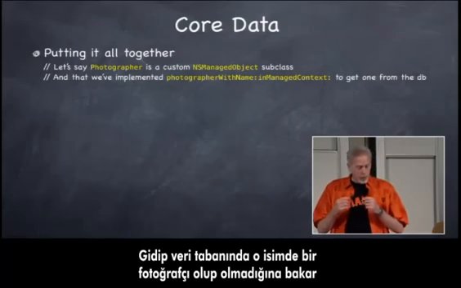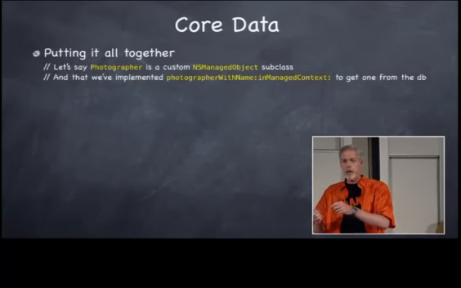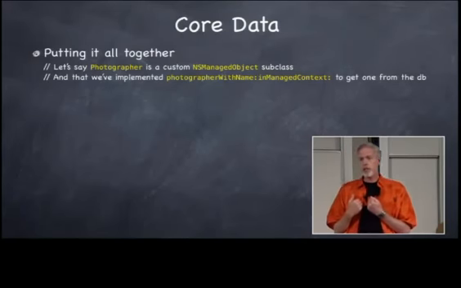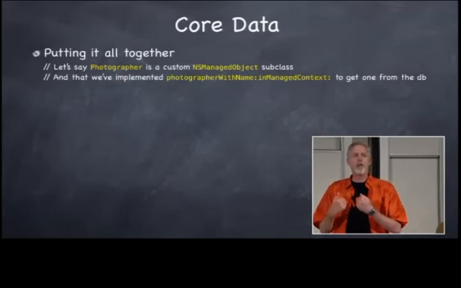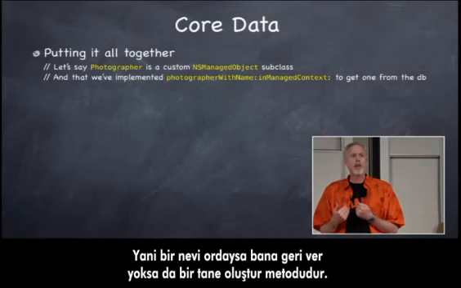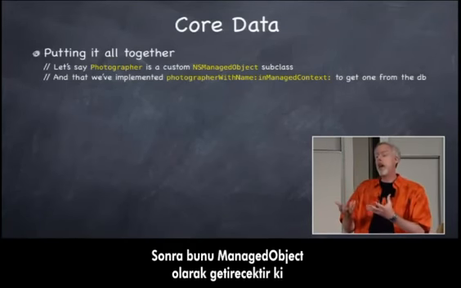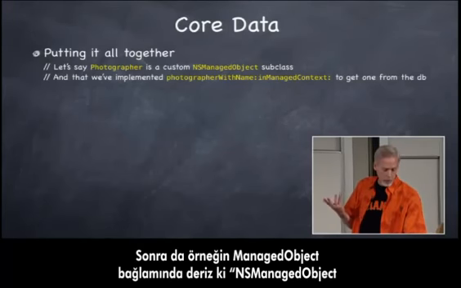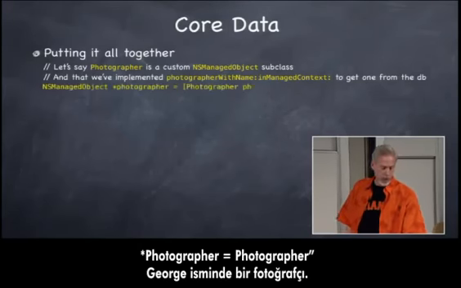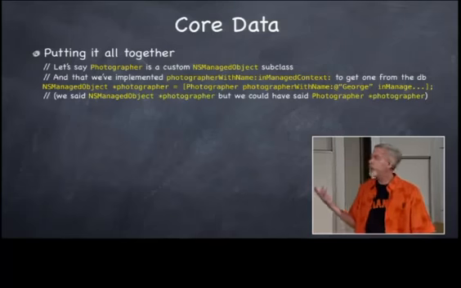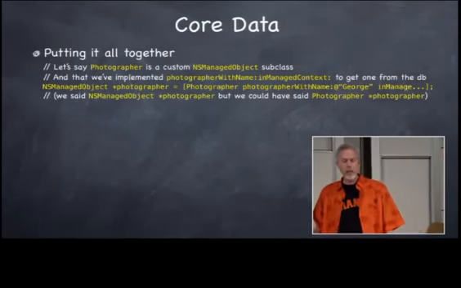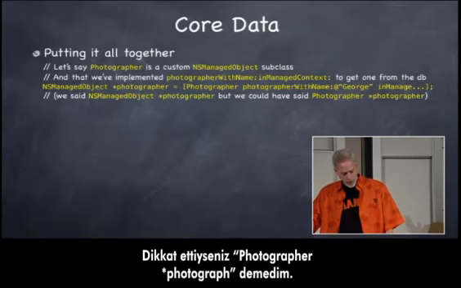It goes out and looks in the database to see if there's a photographer with that name, and if it is, it returns it, and if not, it creates one and returns it. Okay, so it's kind of a create-if-it's-not-there, and if it is there, give it back to me kind of method. It's going to return an NSManagedObject, which is the photographer that it either matched or created. So then let's say we say NSManagedObject *photographer = photographerWithName George inManagedObjectContext.